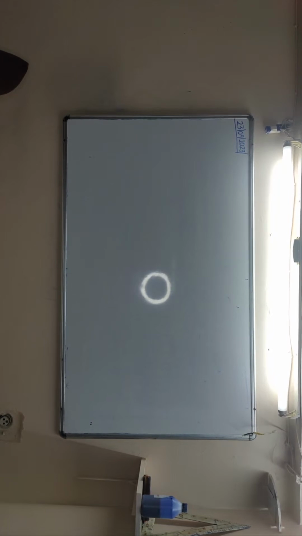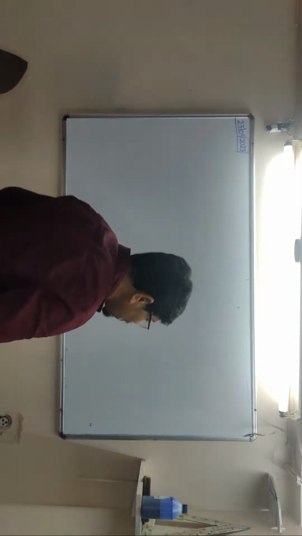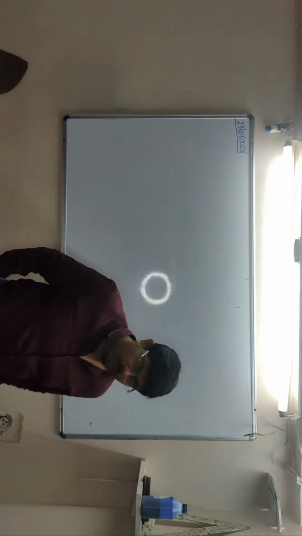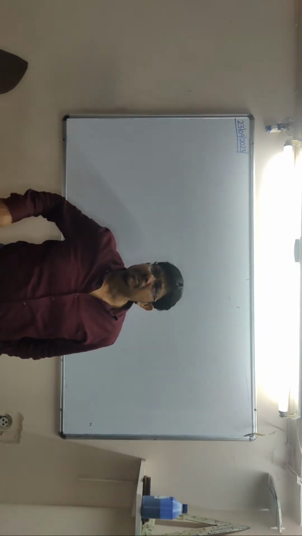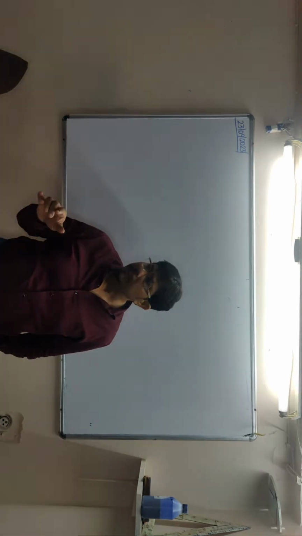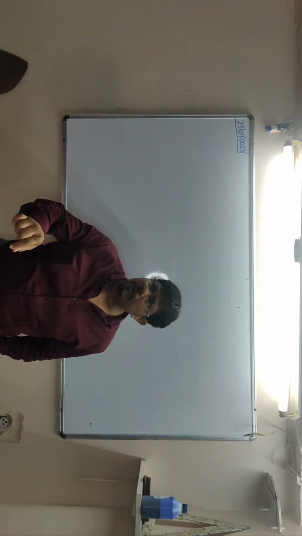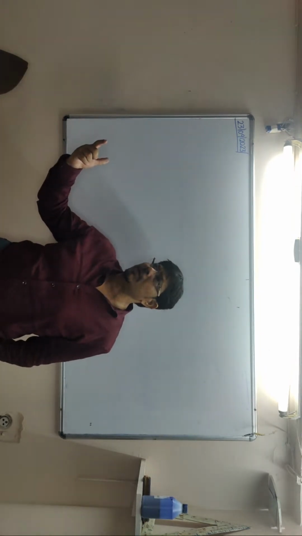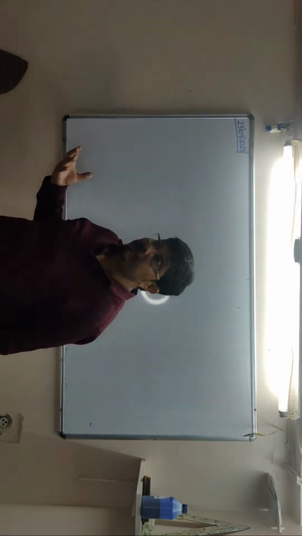As soon as the incident radiation was stopped, the flow of current stopped. Now see what has happened. There is no time lag. Here, light is falling on the surface, and at the same moment the electron is ejected out, within 10 to the power minus 9 seconds.